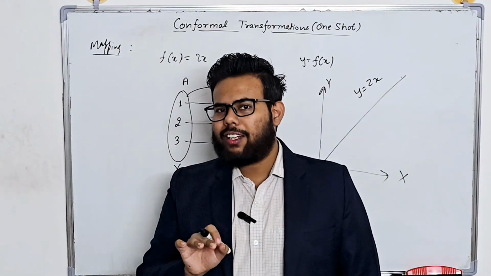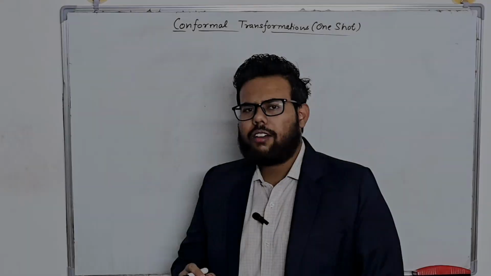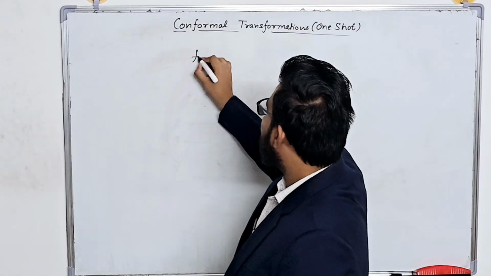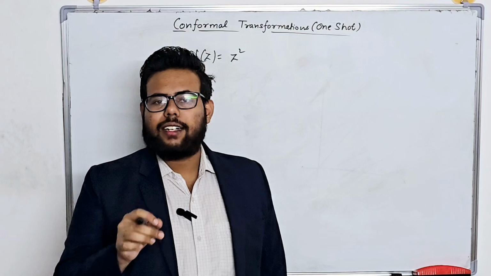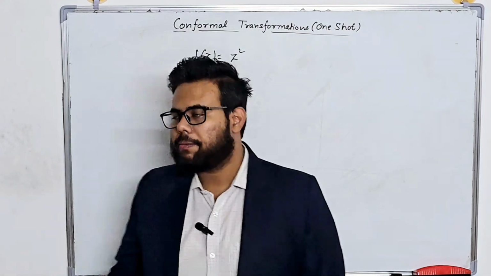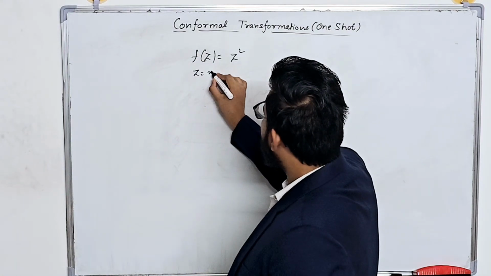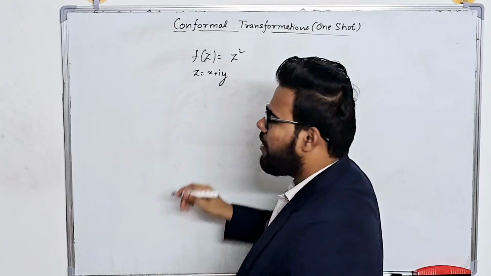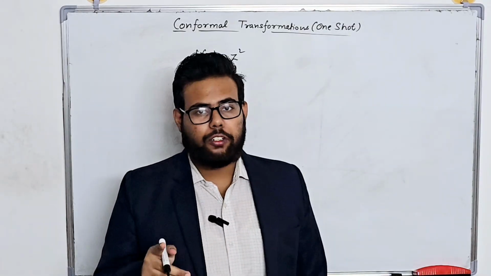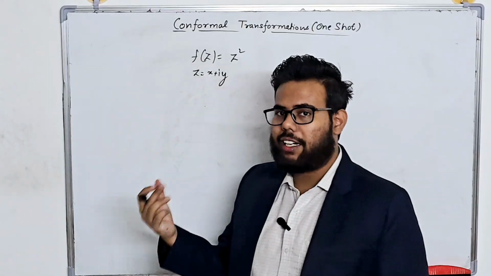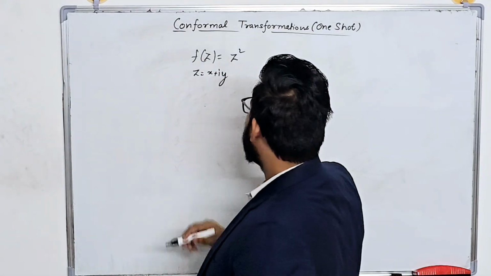Now we'll apply similar ideas to complex functions. Let's assume a very simple complex function f(z) = z². We all know that z = x + iy, where i = √-1. I would recommend first watching the complex analysis one shot, then you will be able to understand everything better.